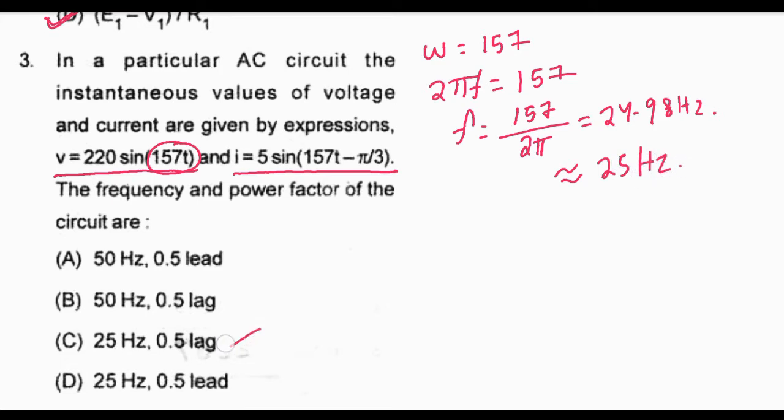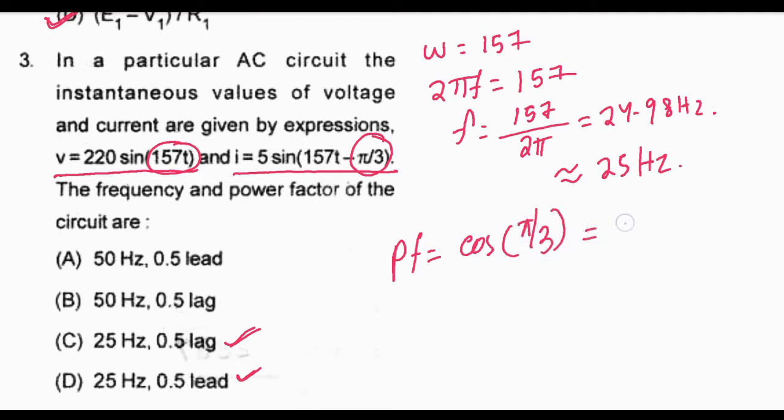So among C and D, one of the options will be the answer. Now we will find out the power factor. The angle between voltage phasor and current phasor is pi by 3. So what will be the power factor? Power factor will be cos of pi by 3, means 60 degree.